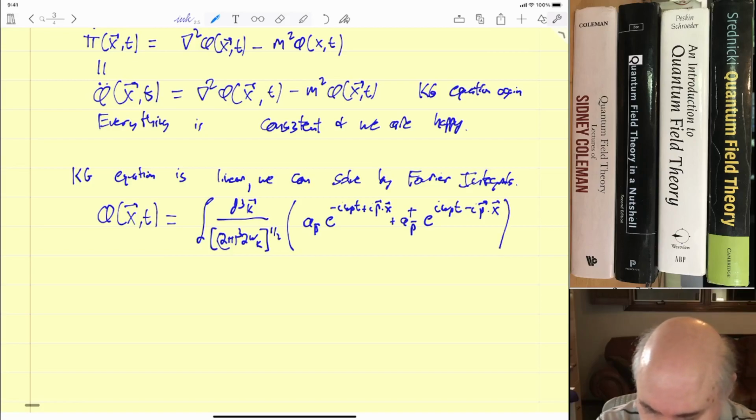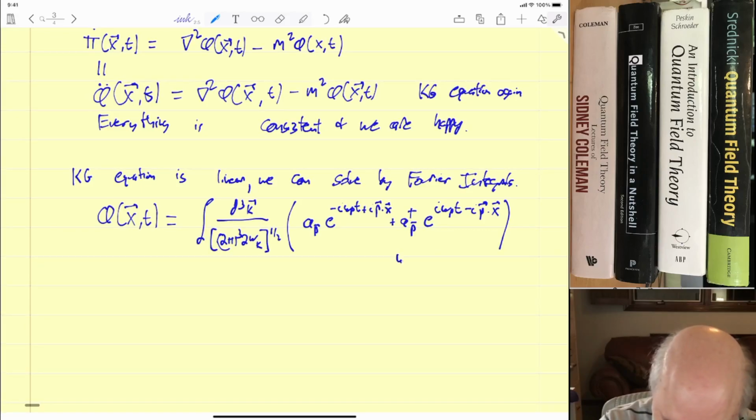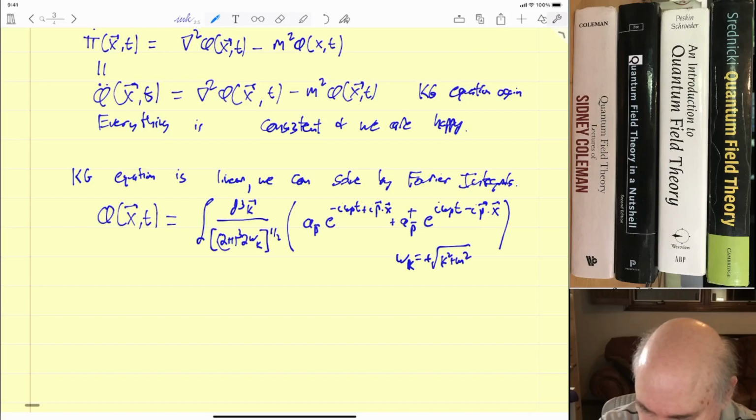And you can easily see if you substitute this in the Klein-Gordon equation, by definition, as usual, omega k here is plus square root of k squared plus m squared. And you can just take the derivatives and substitute it in there, and you see that we solve the equation.